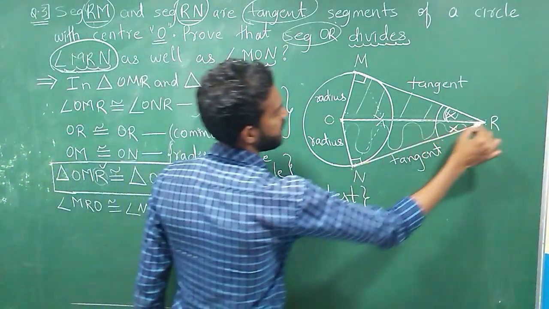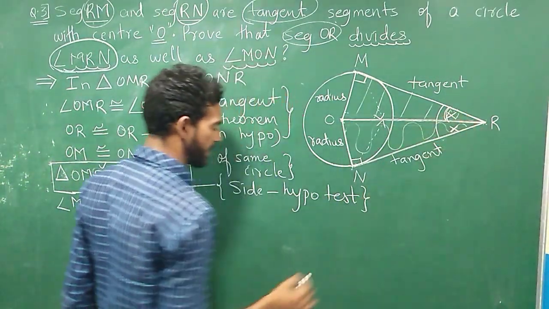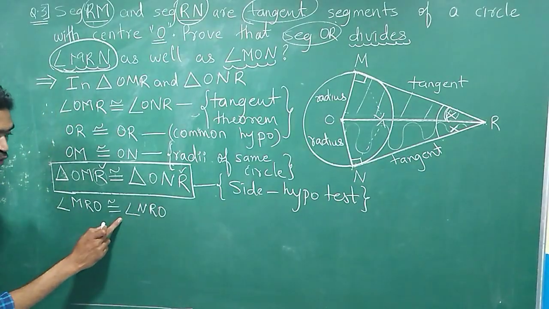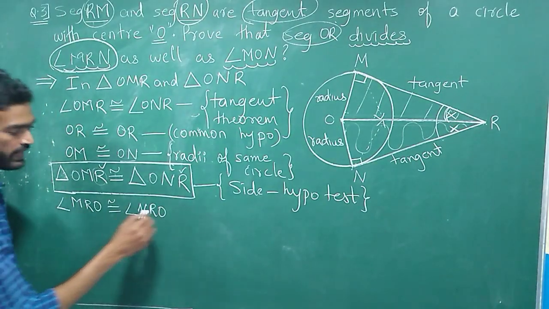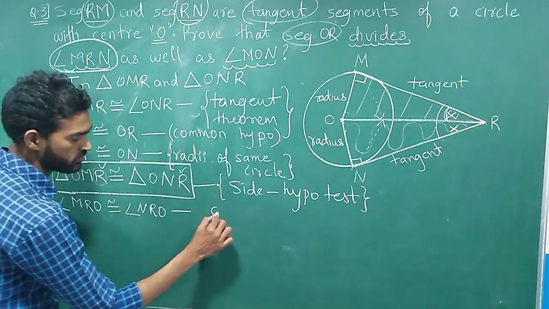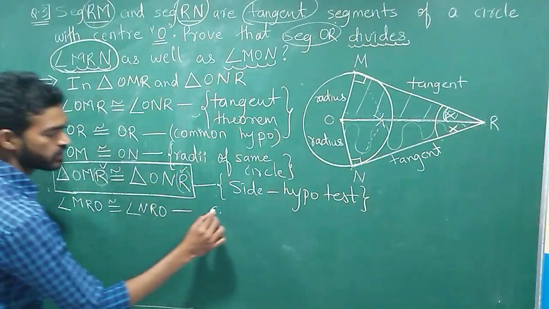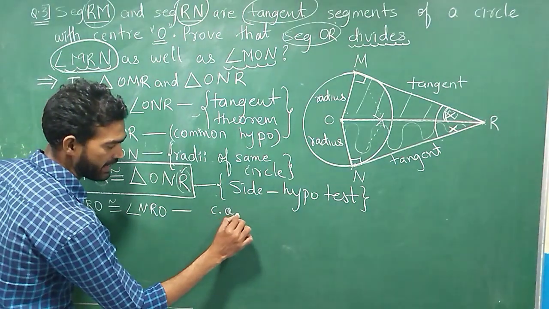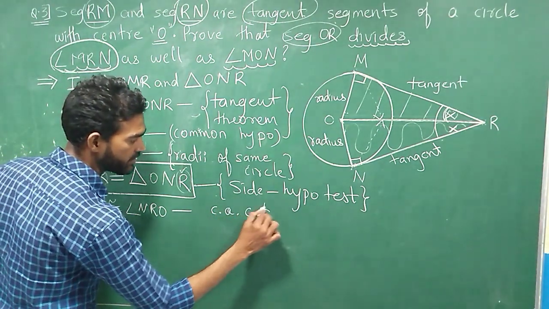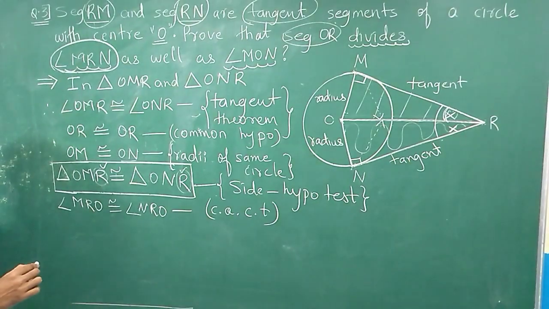Why are they congruent? Because these two are corresponding angles of congruent triangles.